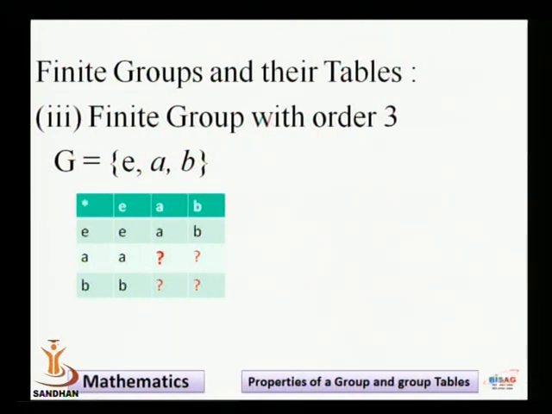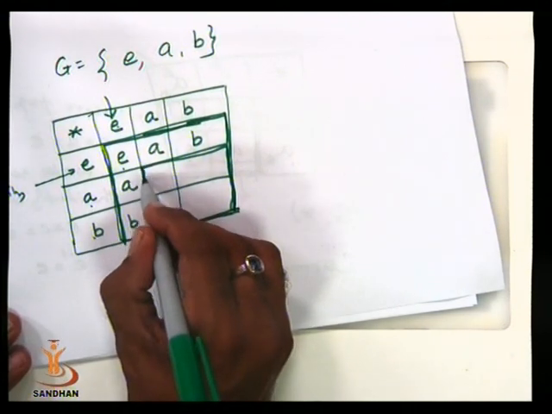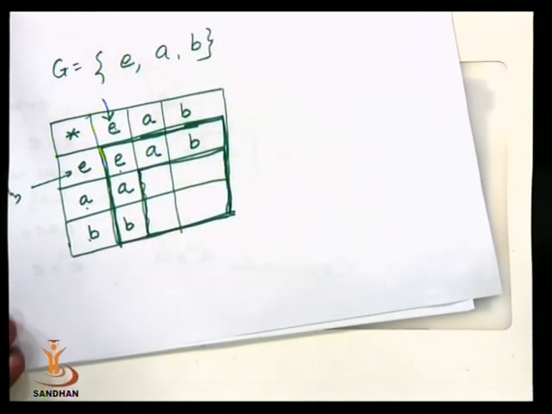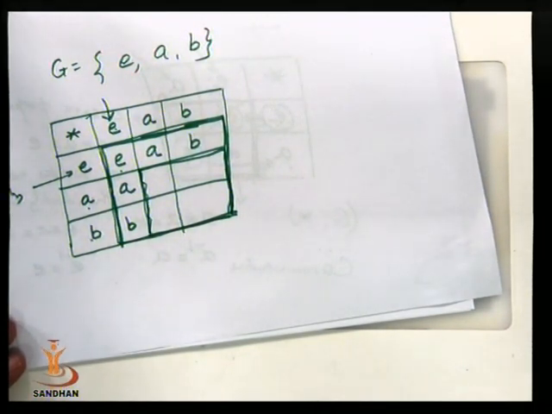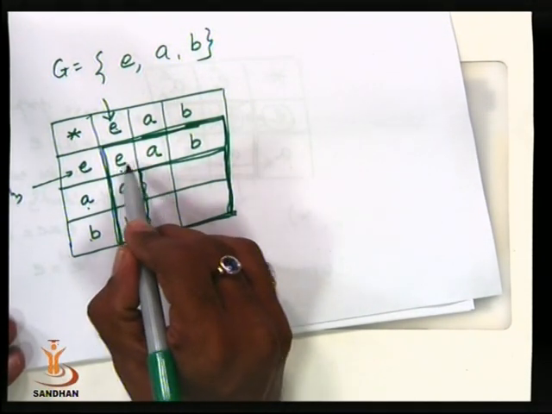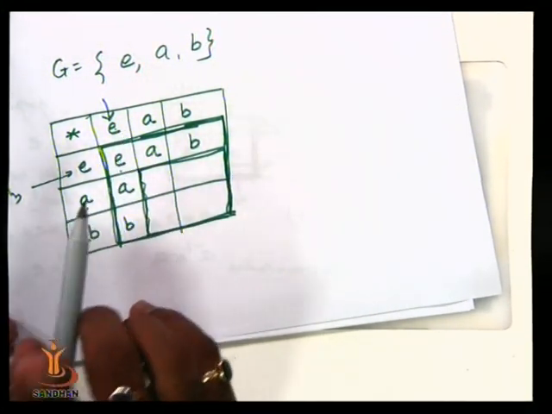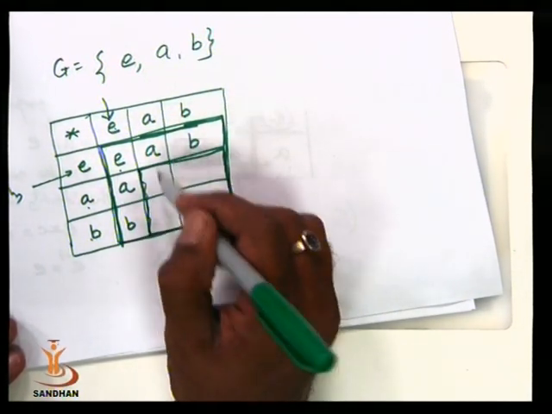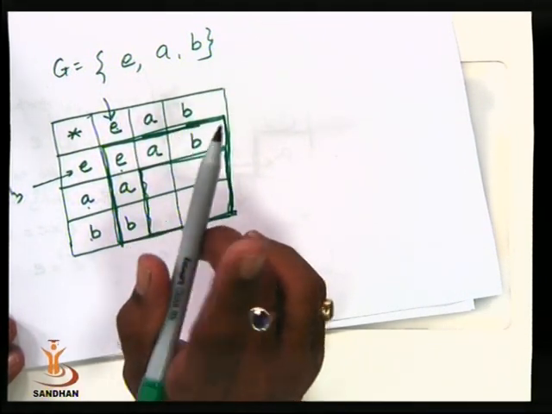Now let us think, how many cases are there to find the remaining 4 values? So what will be these 4 values that we have to define? Now we know that if G is a group, then in a group table every row contains each element of group G exactly once, and every column contains every element of group G exactly once.